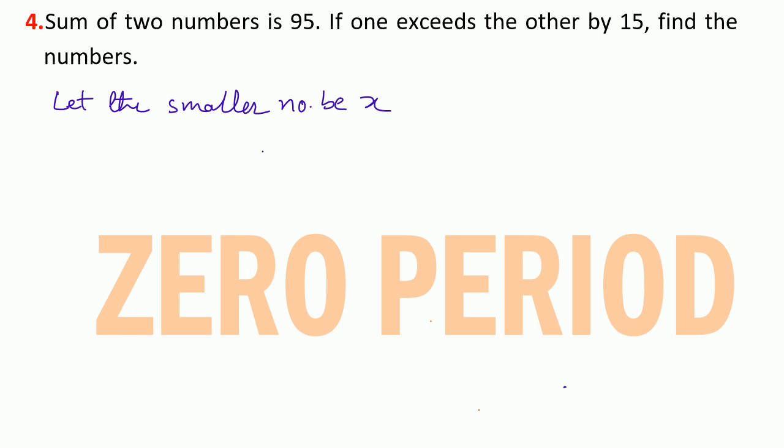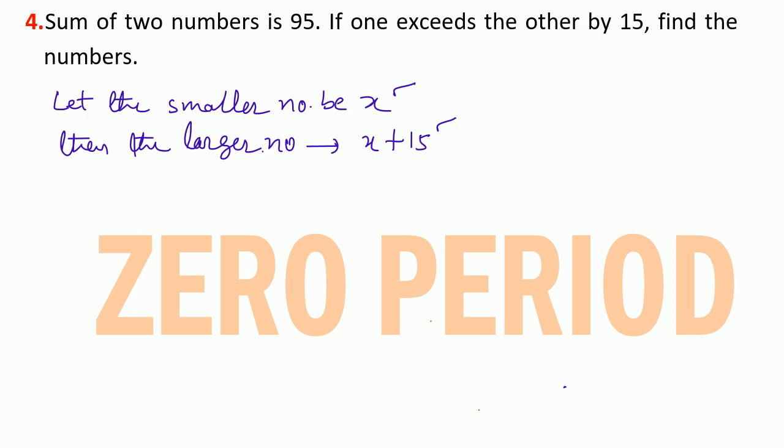then the larger number will be x plus 15, because the larger number exceeds by 15. So this is the smaller number and this will be the larger number.